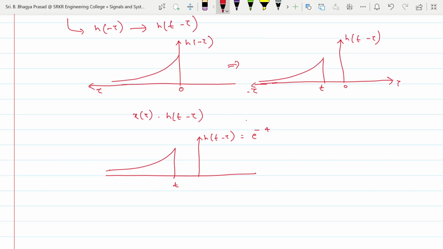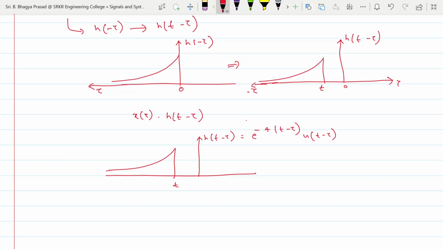Initially I convert this into the tau axis. After time folding it, I add t, that is t minus tau and u of t minus tau. This is the signal representation.